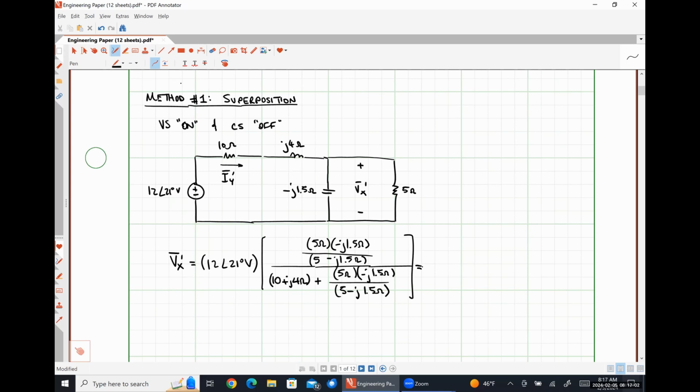So let's do just that, right? So 12 angle 21 times what I have stored in my calculator, X, over 10 plus 4i plus X.